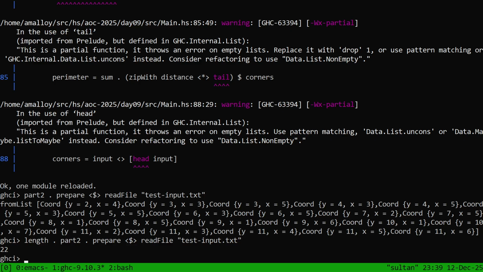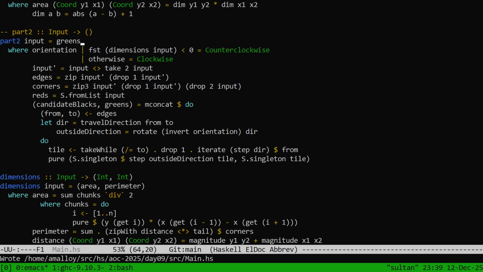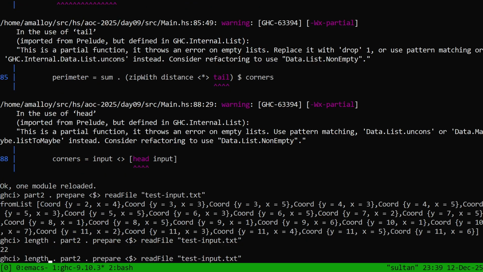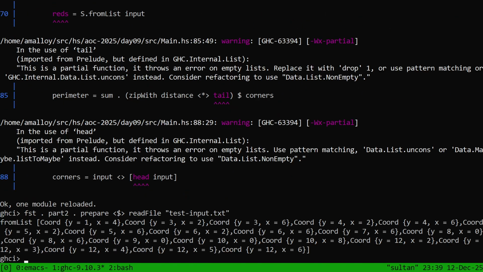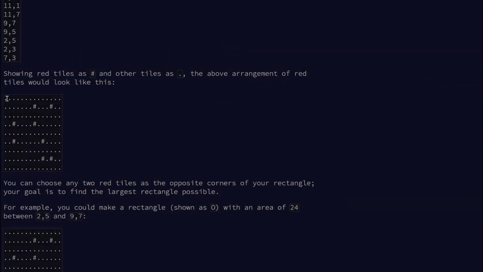And so let's have a look also at the candidate blacks. For example, let's have a look at this one. Y6X2. 0, 1, 2, 3, 4, 5, 6. 0, 1, 2.